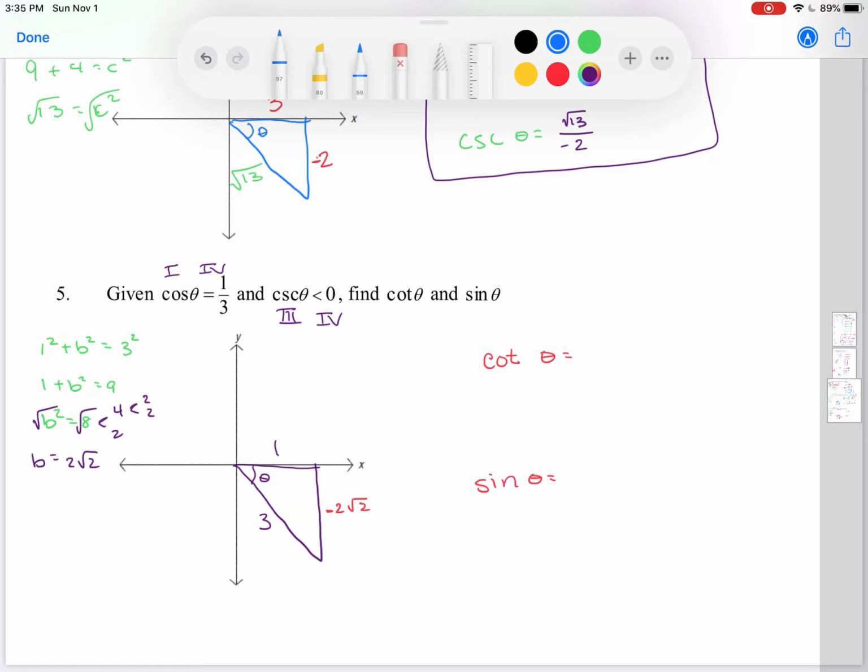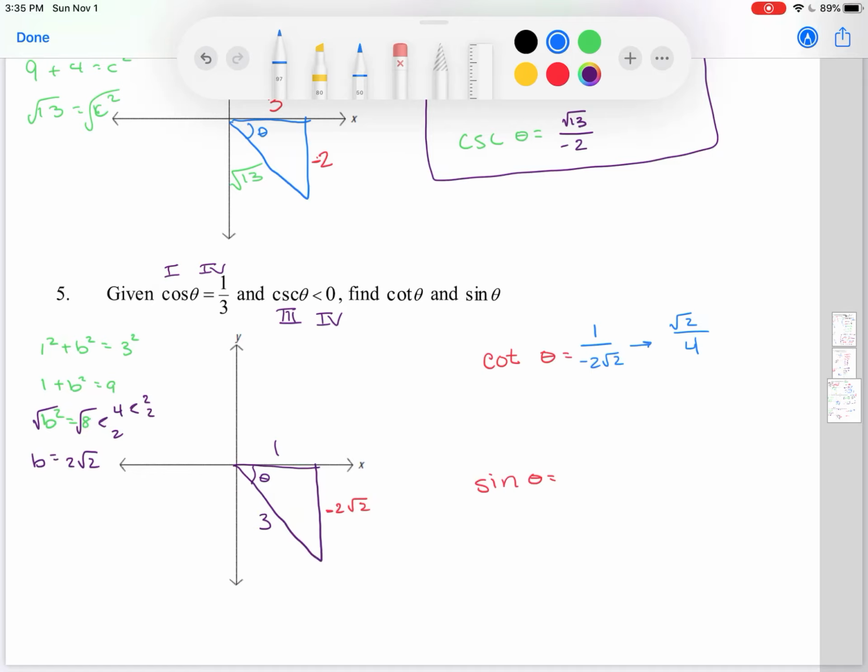Make sure you know your cotangents, your tangents, your sines, cosecants, and your cosines and secants. All right. Cotangent, well, if we think back to what tangent really is, tangent is opposite over adjacent, but this time I'm doing the reciprocal. So I want my adjacent side first over my opposite side, which is negative 2 root 2. Simplify that.